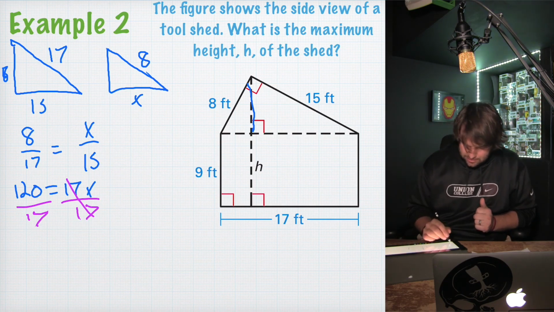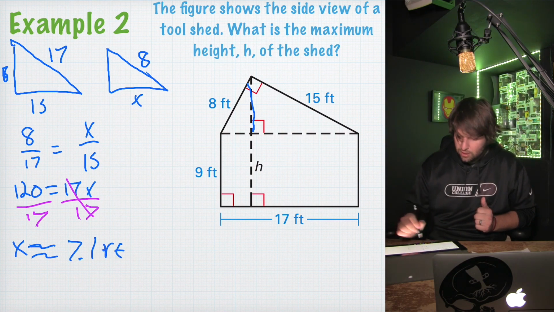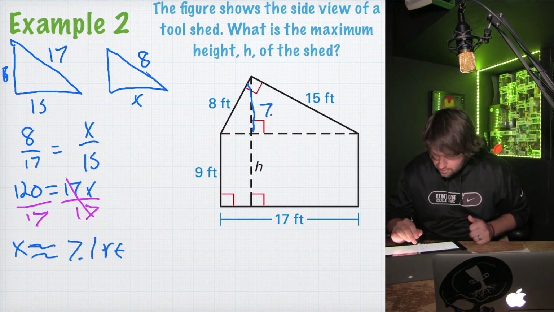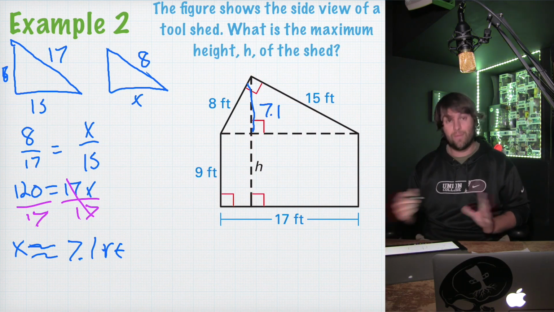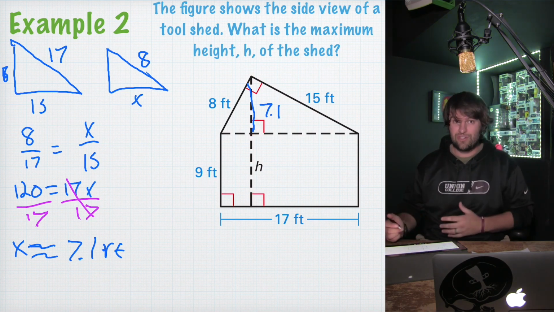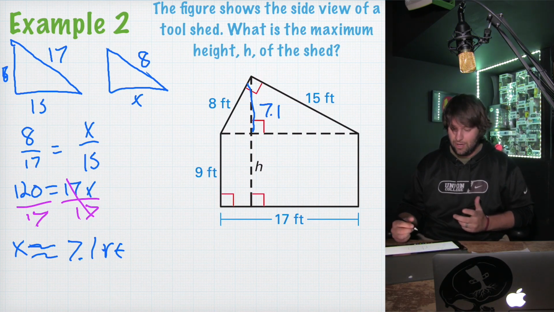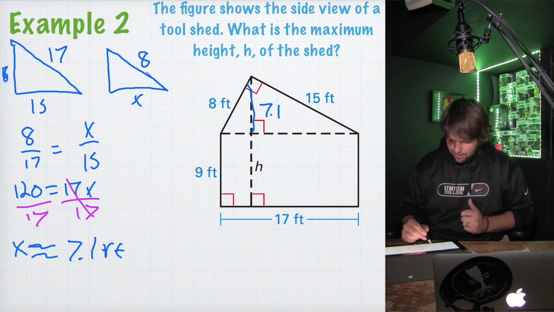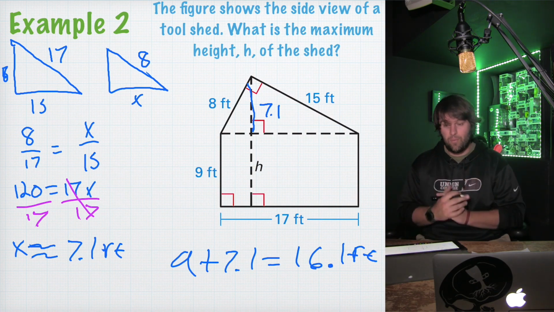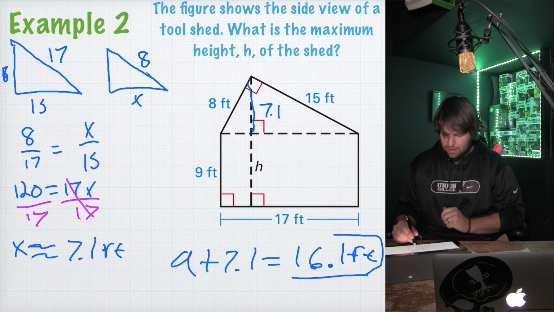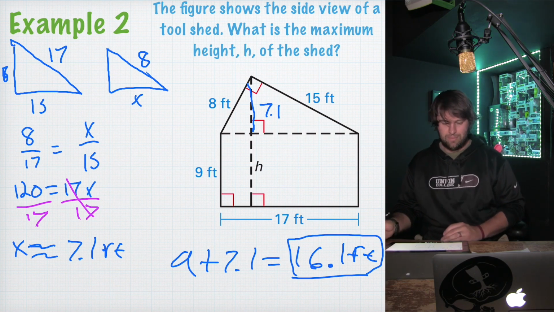So X is roughly 7.1 feet. So you know that the distance of this line is 7.1. So you have 9 feet and 7.1 feet. All we have to do to find the total height of the shed is add those two things together. So 9 plus 7.1 equals 16.1 feet. About 16.1 feet is going to be the total height of the shed.